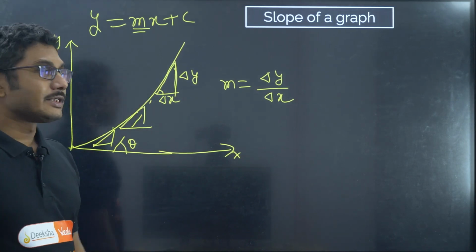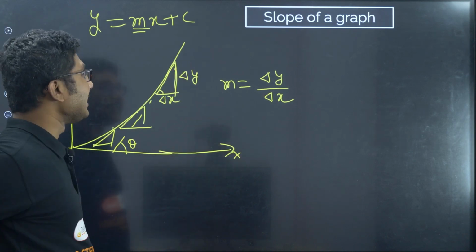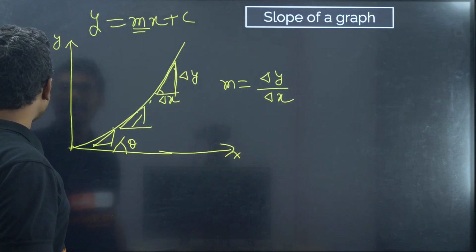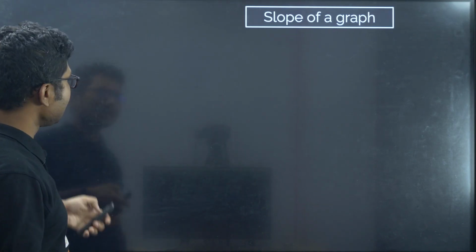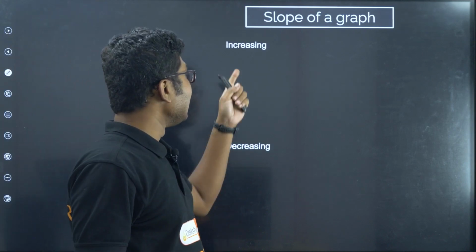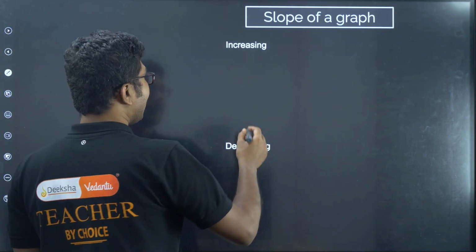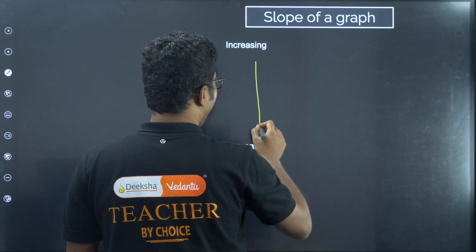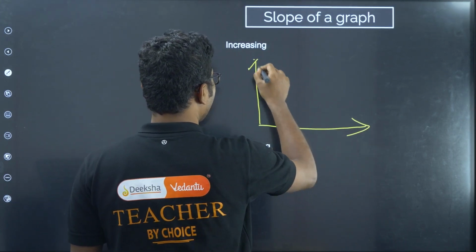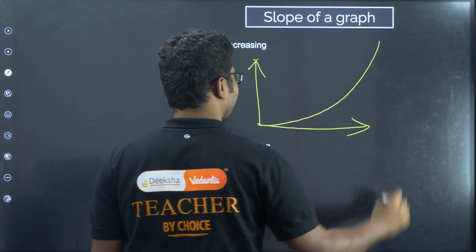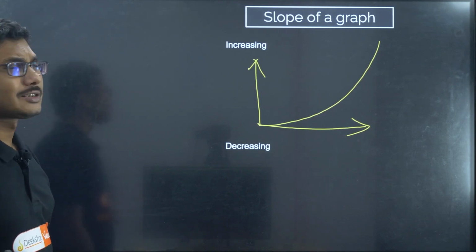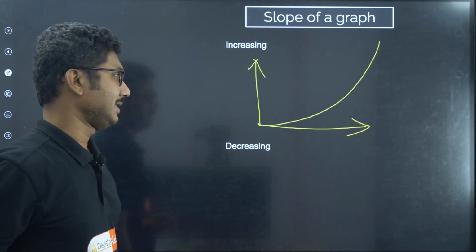There are conditions based on how the slope is changing. We can say there are two different cases: one is increasing slope, another is decreasing slope. For example, suppose a graph is like this. Can you tell me whether the slope is increasing or decreasing?